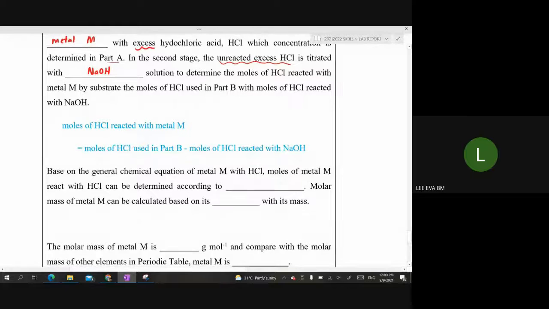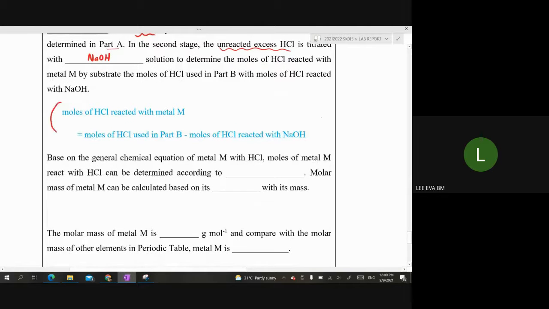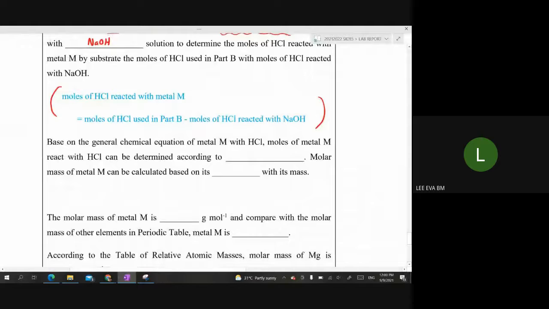So to determine the mole of HCl reacted with metal M, subtract the mole of HCl reacted with NaOH from the mole of HCl used in part B. So this is the formula we applied just now. Okay, to know what is the HCl reacted, HCl used in part B minus mole HCl reacted with NaOH.